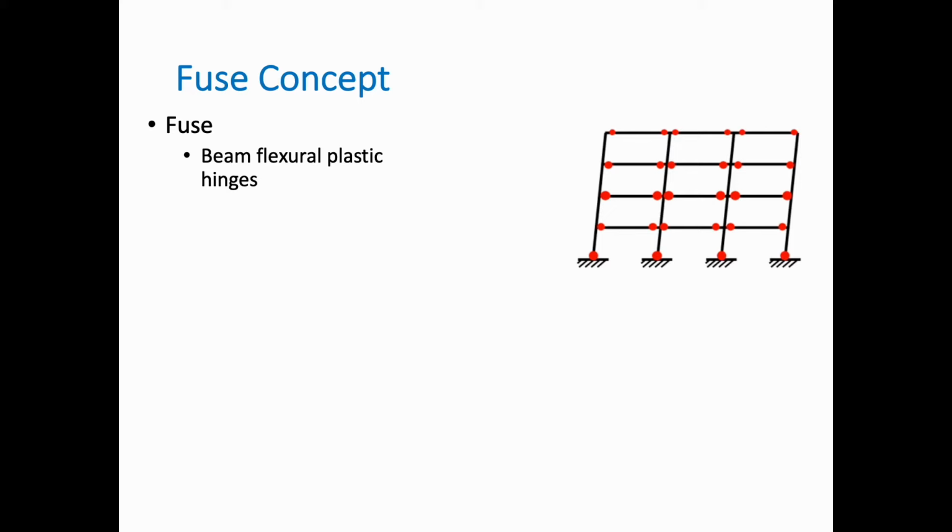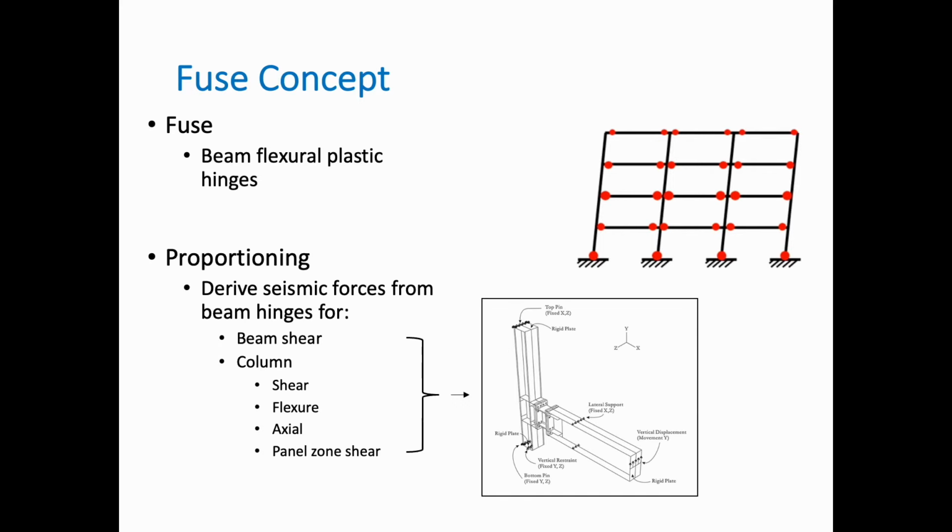So the fuse part is the one we want not to be over strength, so we don't want to have a very high rotational capacity, but also strength, which will then move the problem to other areas, other elements of the system, so we may get yielding in other components before the position of the fuse. So the fuse concept has to be well proportioned in the design.